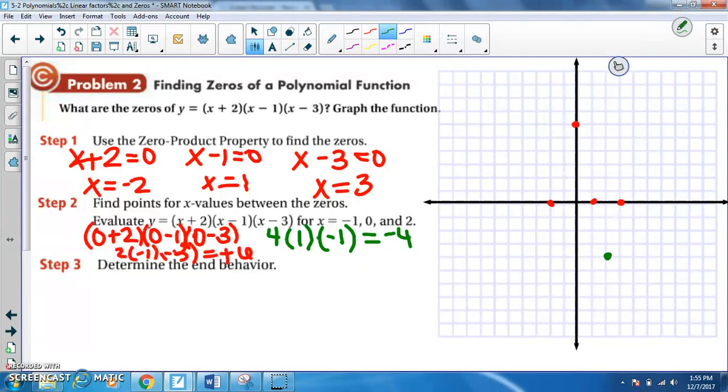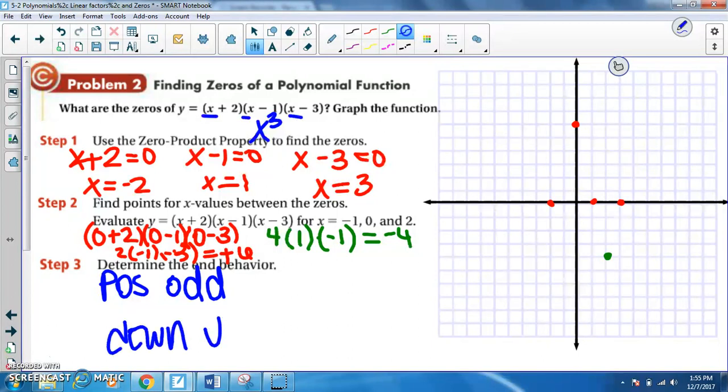And we need to determine our end behavior. If we multiplied x times x times x, we would get x to the third. X to the third is positive, odd, therefore it's down, up, and we connect our polynomial.